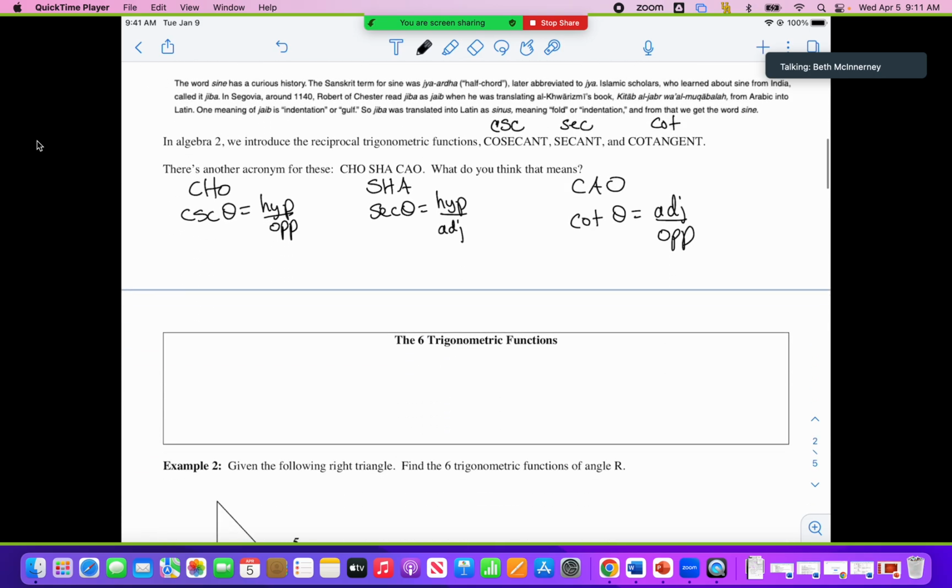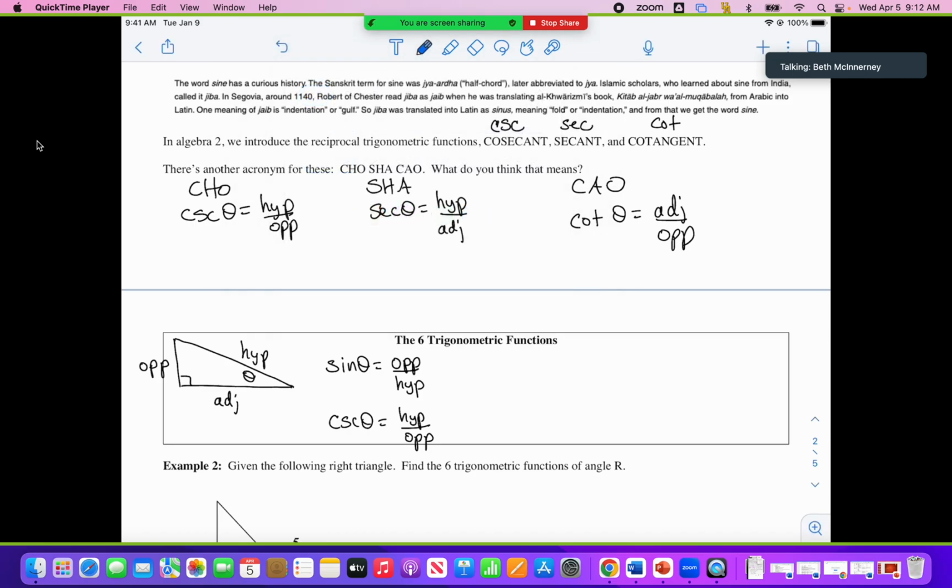Now we're going to organize them all together in the box. We're going to draw a right triangle, put the angle theta, then there's your opposite, adjacent, and hypotenuse. I'm going to put sine theta is opposite over hypotenuse, and underneath it cosecant theta is hypotenuse over opposite.